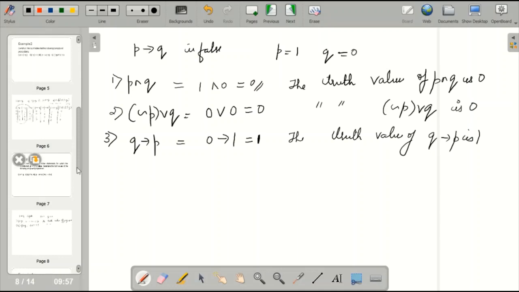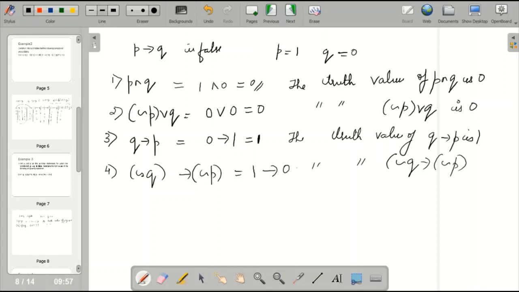The fourth one is regarding negation of Q conditional negation of P. So what is negation of Q? It is 1. What is negation of P? It is 0. So what will be the truth value of negation of Q conditional negation of P?